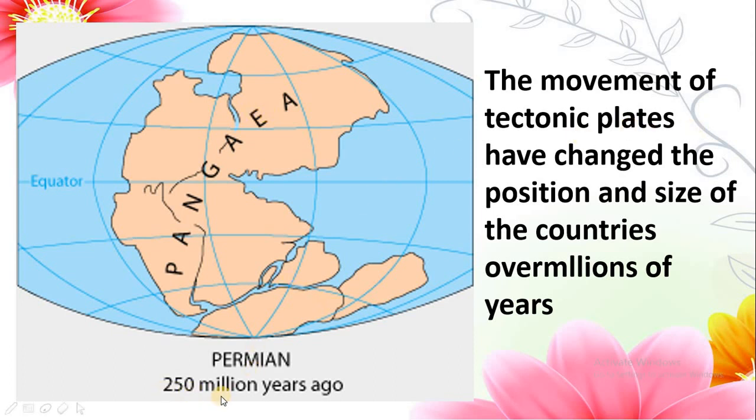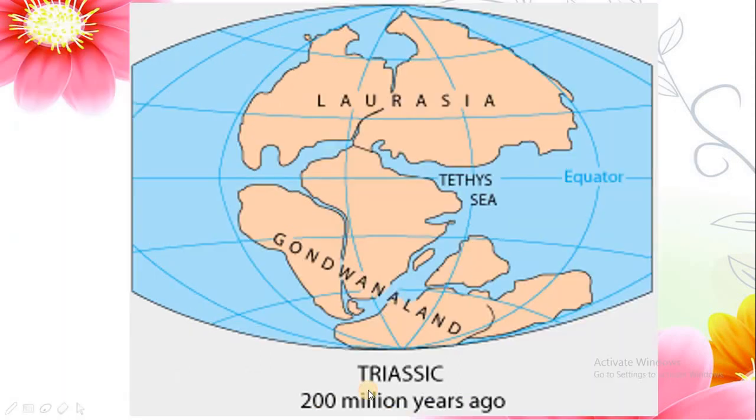That was 250 million years ago. Next it is the Triassic age, 200 million years ago, and here you can see two big continents have been formed. The upper one is the combination of all the northern area, in which Asia comes, Eurasia, meaning Europe and Asia, and North America, all in one.